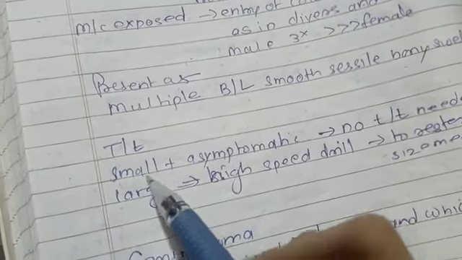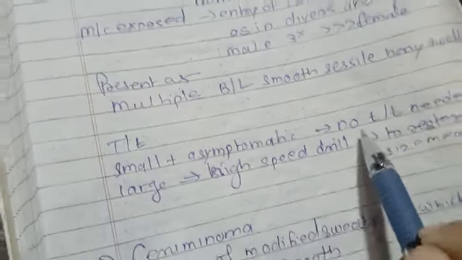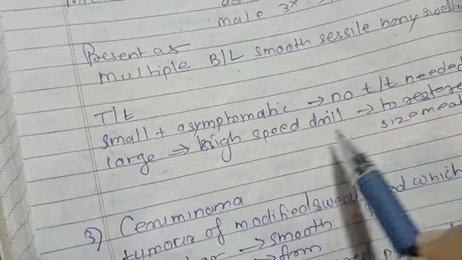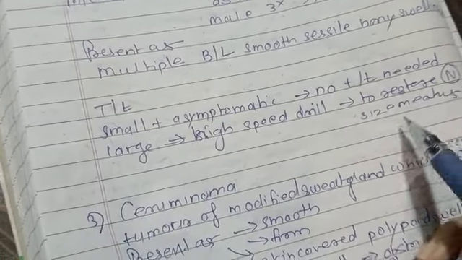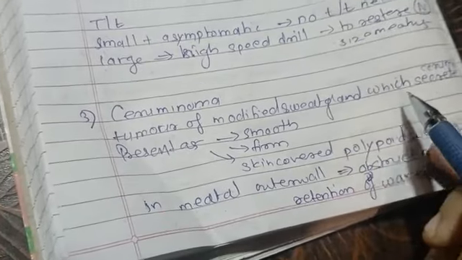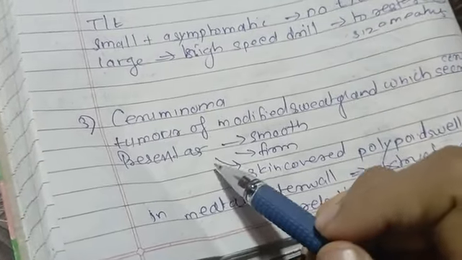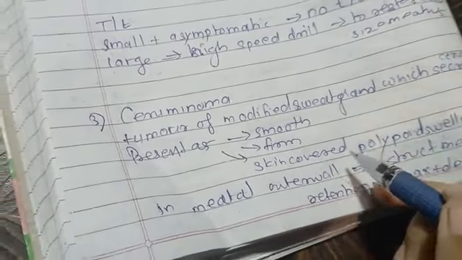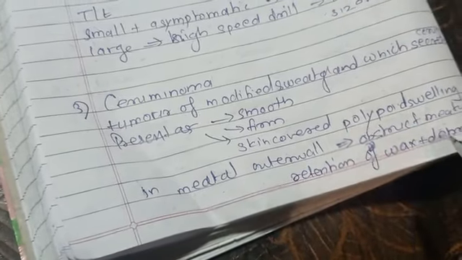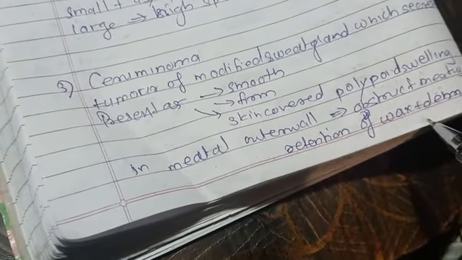Treatment: if small and asymptomatic, no treatment is needed. If it is large, then a high speed drill is used to restore the normal size of the meatus. Ceruminoma is a tumor of the modified sweat glands which secrete cerumen, presenting as a smooth, firm, skin covered polypoidal swelling in the meatal outer wall, obstructing the meatus and causing retention of wax plus debris.